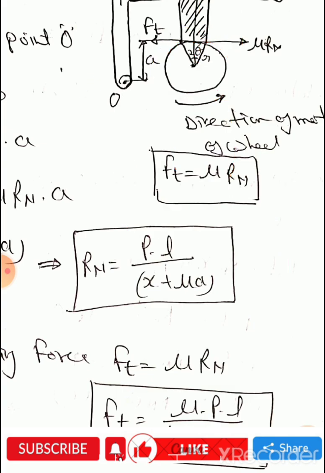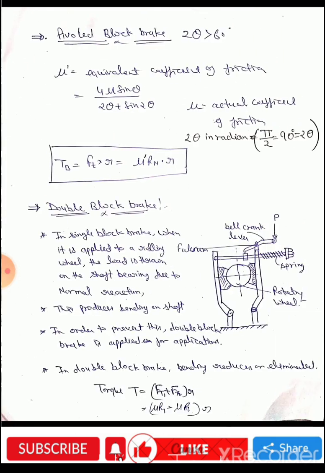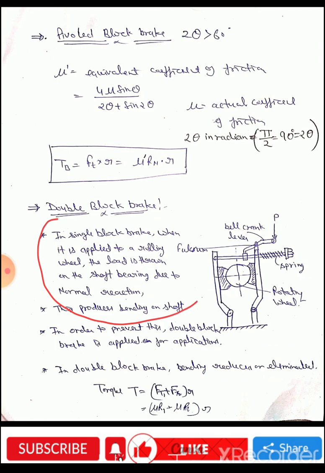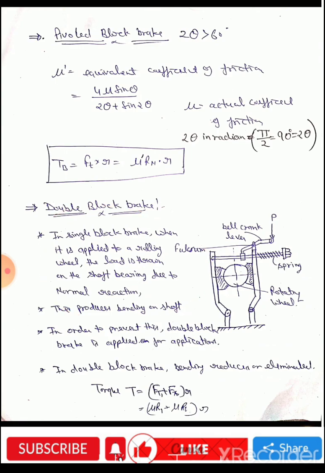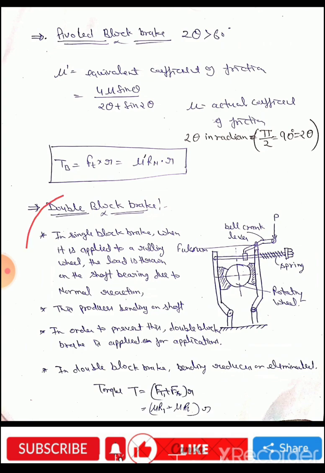Here it is mentioned very clearly: in single block brake, when it is applied to a rolling wheel, the load is thrown on the shaft bearing due to normal reaction, and this produces bending.